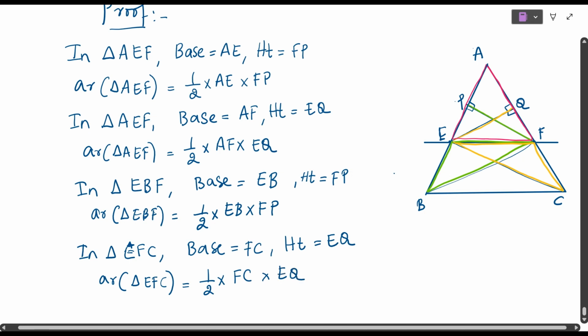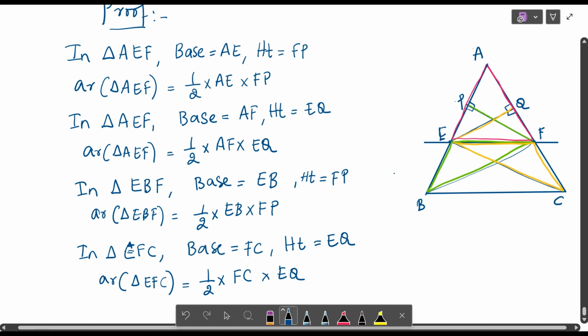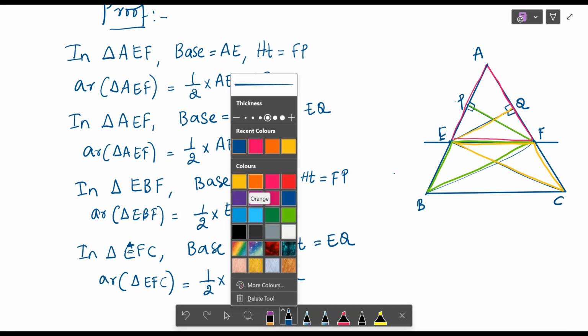Understood? Now, what I am going to do is divide. See here, these two triangles I am going to divide first. What are the two triangles?